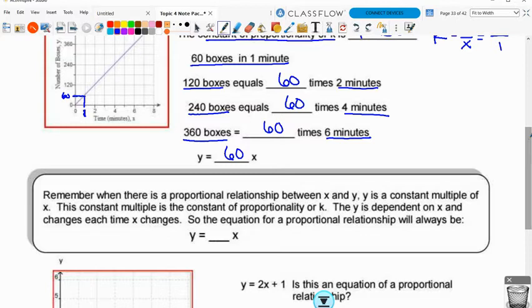That constant multiple is your constant of proportionality, k. So y is your dependent variable, x is your independent variable, and your equation will always be y equals k times x. Put a star next to that. For every proportional relationship, the equation will be in the form of y equals k times x.